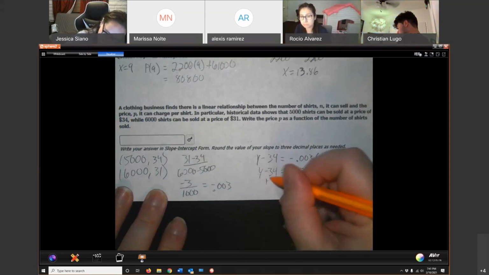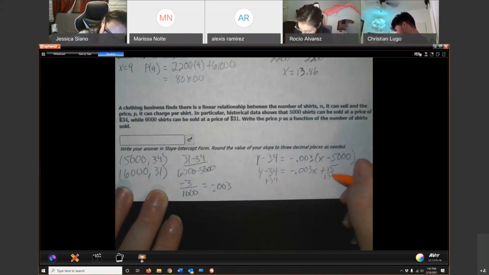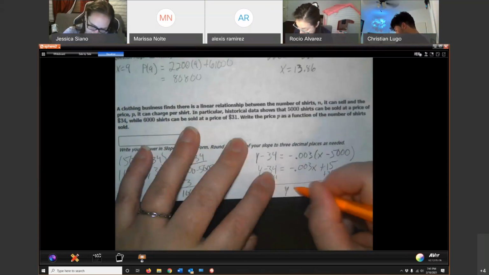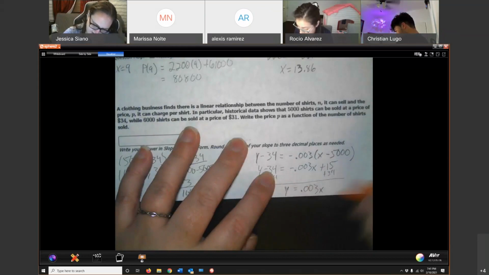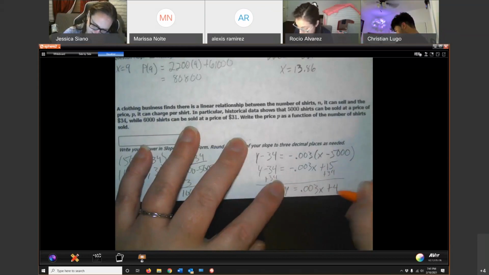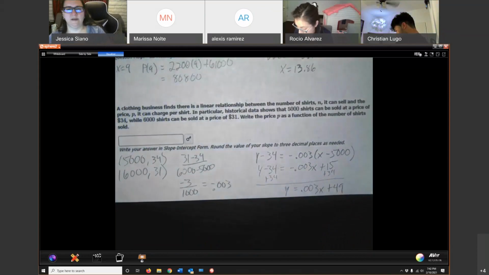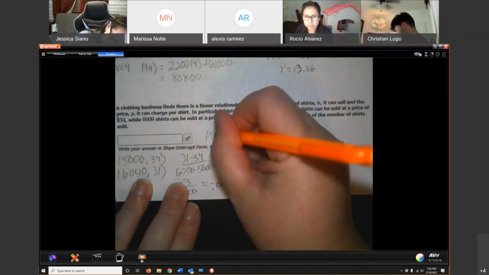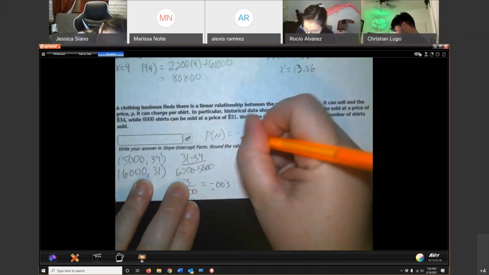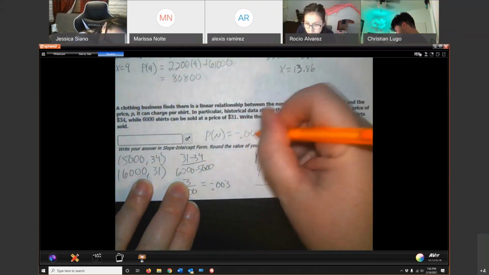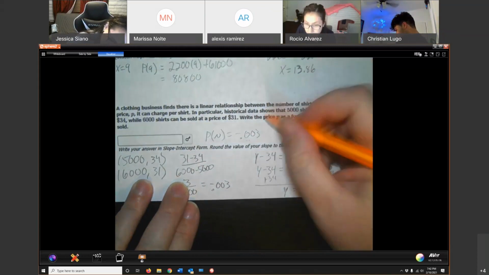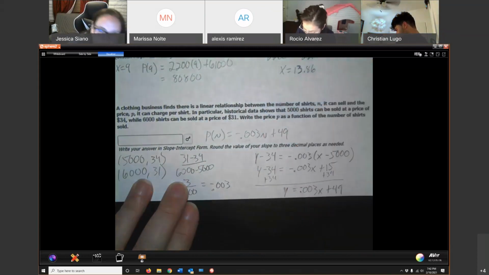And then we're going to add the 34. And my final answer here, -0.003x plus 49. Except that they want p and n. So my actual final answer here would be p of n equals negative, I forgot the negative sign down here, 0.003n plus 49.